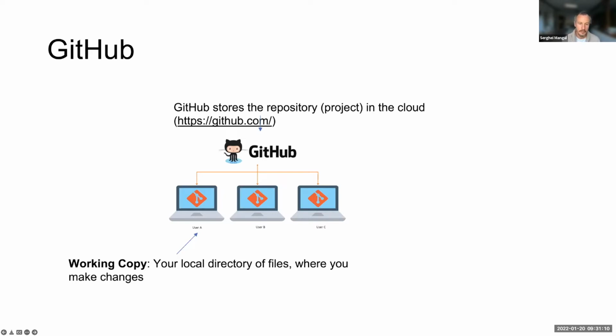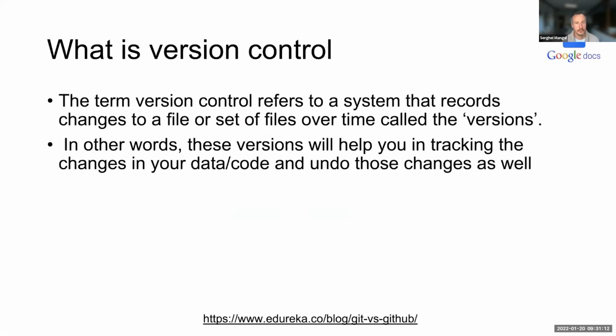Okay. So what is version control? It refers to a system that records changes to files or a set of files over what we call versions, right? Anytime you make a change to files, and whatever the files are, it can be anything, it will be saved and nicely organized in versions.